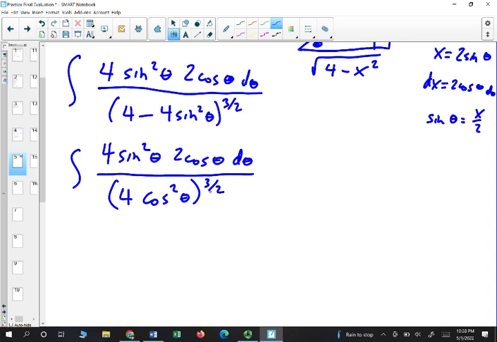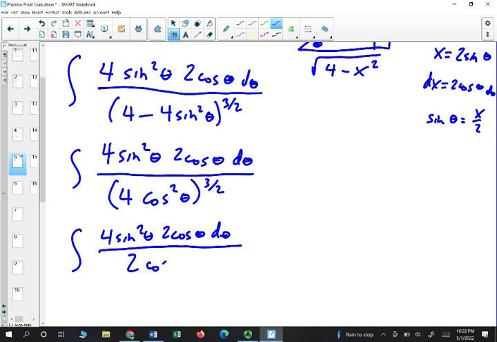And so if we're looking at 3/2, the 2 is telling us to take a square root. So we could take a square root first. If we take a square root of 4 cosine squared, we have 2 cosine theta.